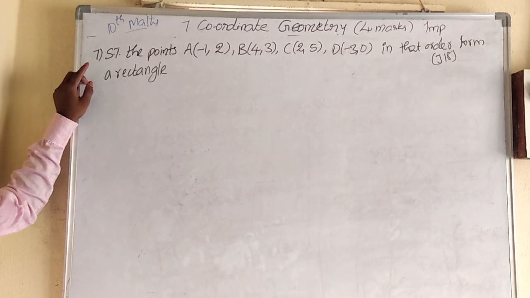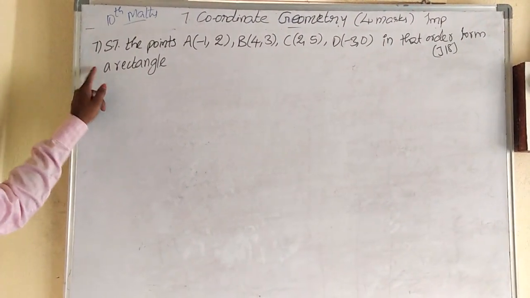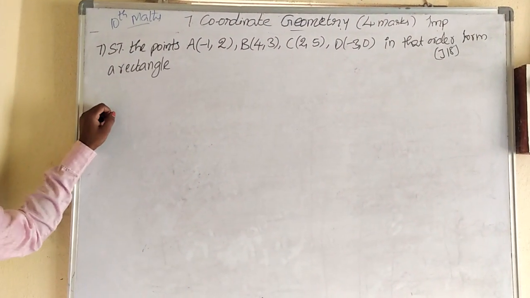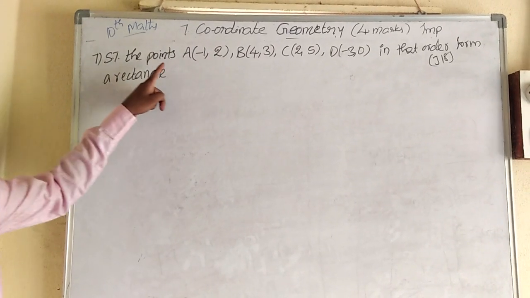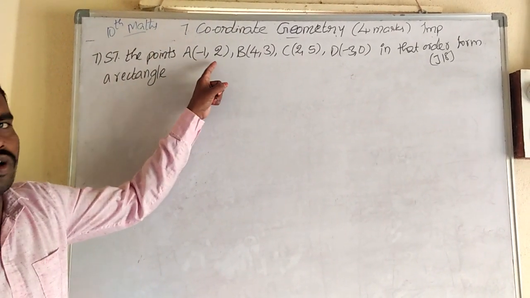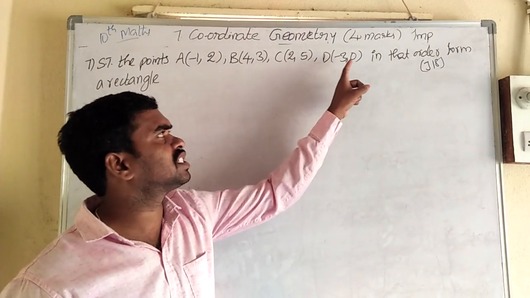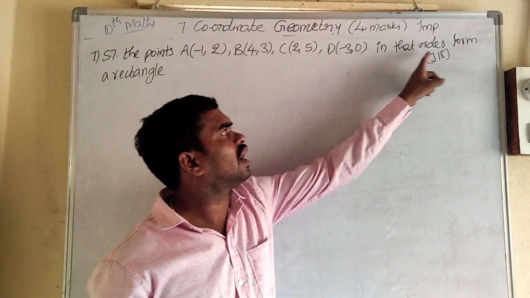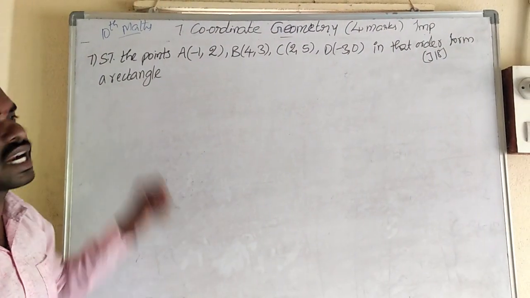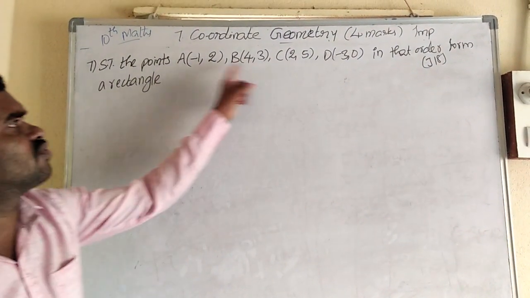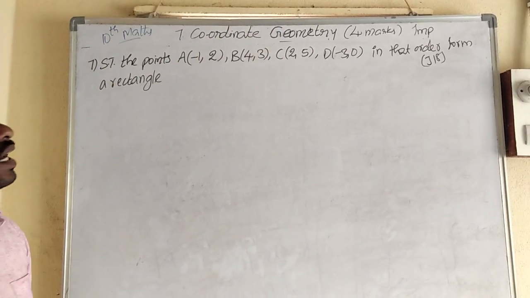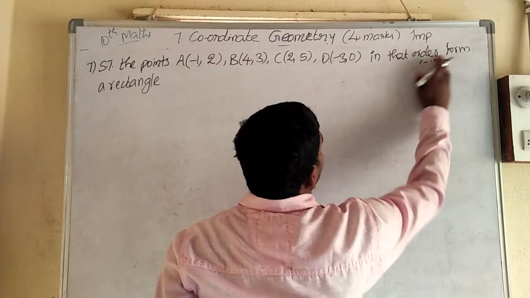Okay. So next question. The concept is third concept. Show that the points A (-1, 2), B (4, 3), C (2, 5) and D (-3, 0) in that order form a rectangle. So we have to show that these 4 points form a rectangle. So how is the rectangle?